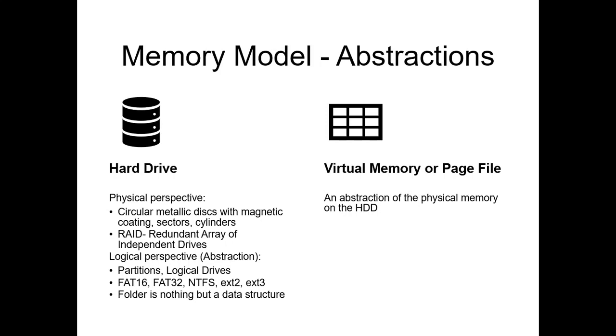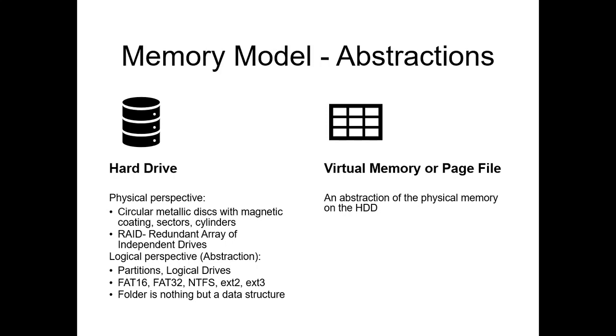You view the C drive or the D drive, or if you have just one single drive, as one contiguous array of locations where you can store data. That is how you probably view it. In fact, that is how it is presented to you. But actually, it is a physically discontinuous object.